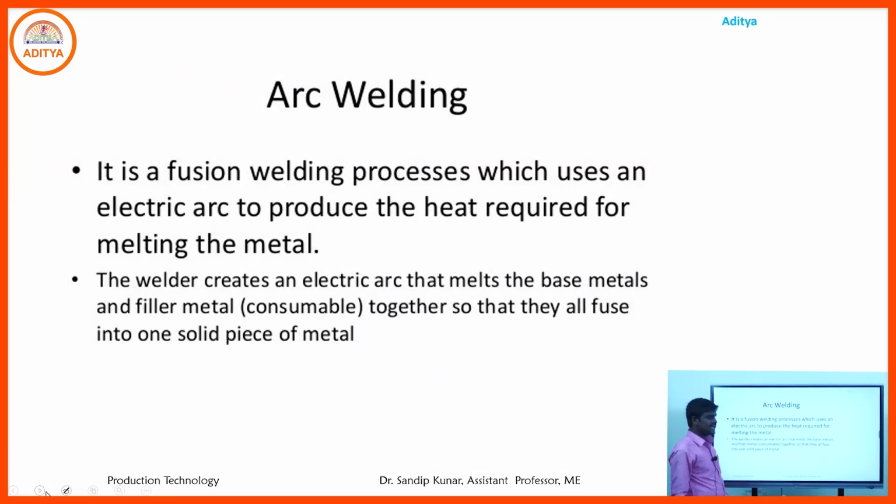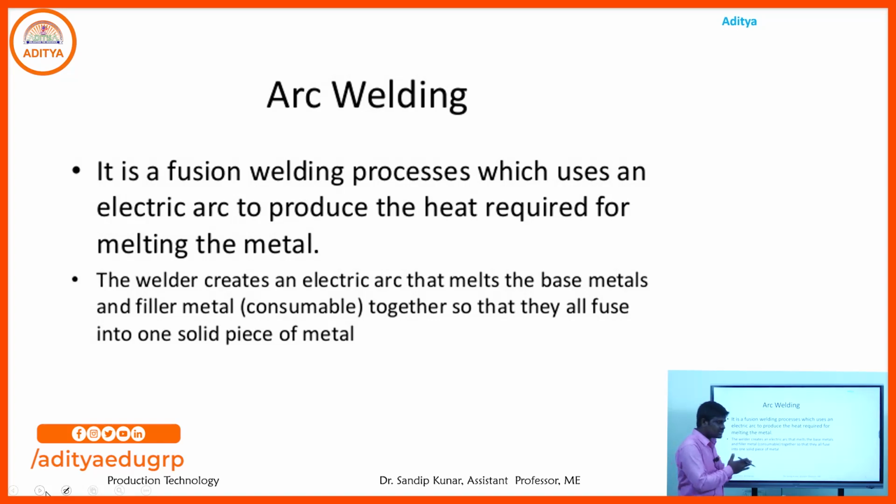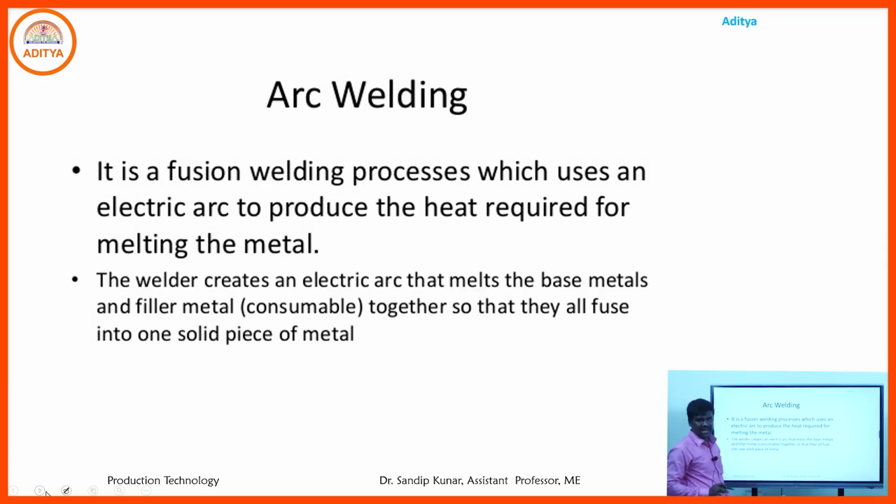Arc welding is a fusion welding process. It melts the parent metals using an arc. Due to the creation of the arc, more heat is generated at the weld surface, the parent metal, and that melts the metal.